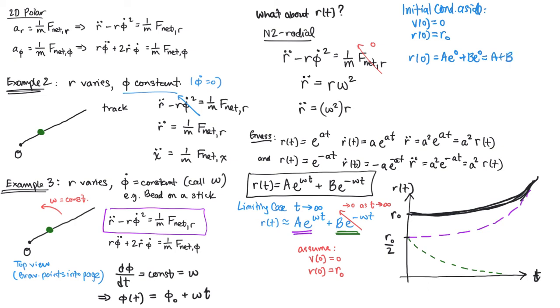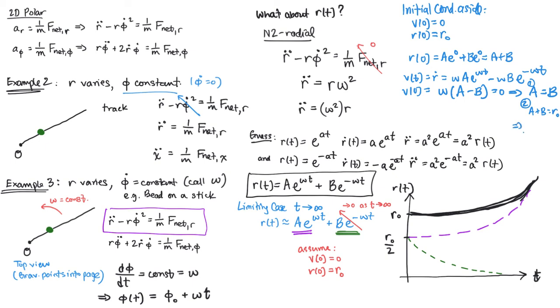And then v of t is r dot, which is omega a e to the omega t minus omega b e to the minus omega t. So the velocity at t equals 0 would be omega times a minus b. And if that's 0, then we must have a and b being equal to each other, number 1. And number 2, a plus b has to equal r naught.